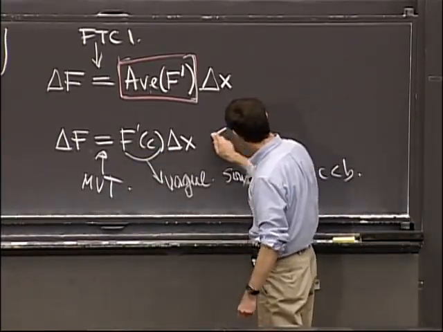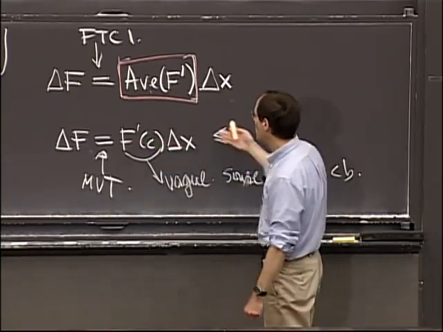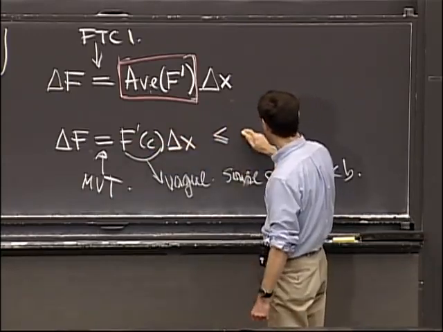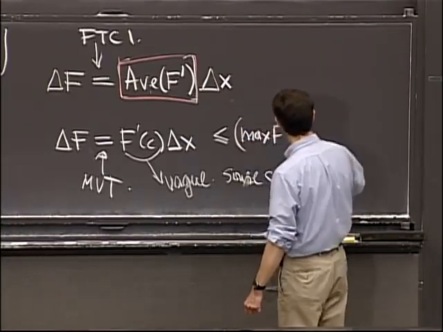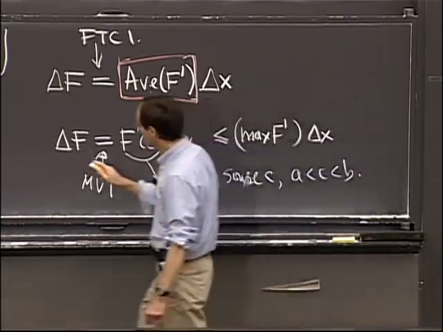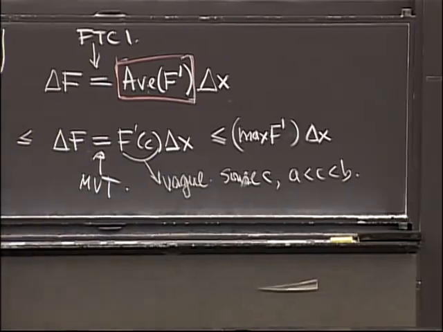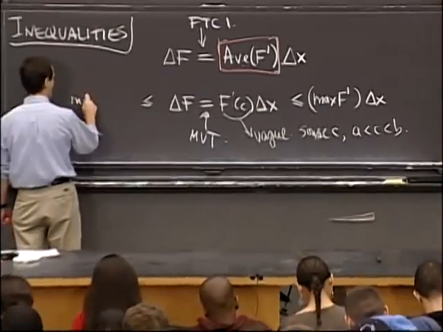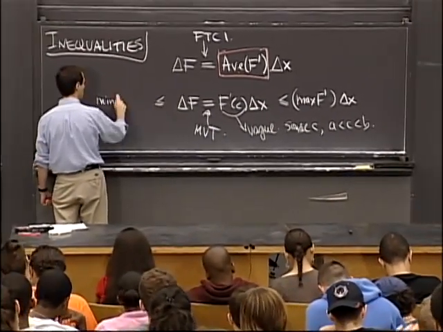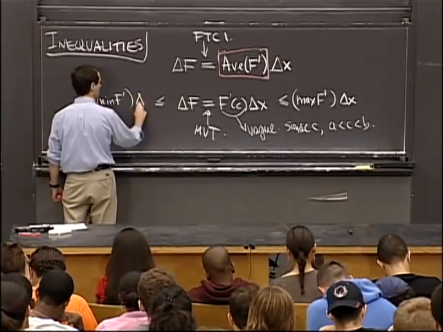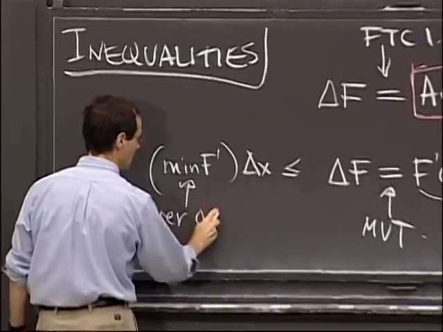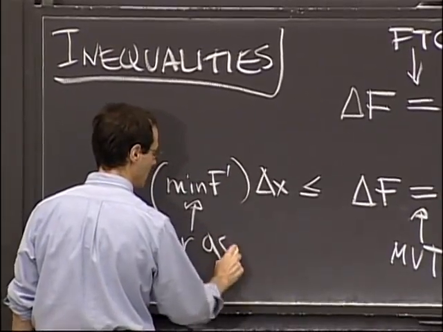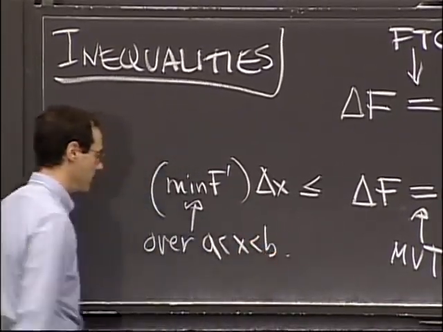All we can do is say, well, for sure it's less than the largest value, say the maximum of f prime times delta x. And the only thing we can say for sure on the other end is that it's greater than or equal to the minimum of f prime times delta x over that same interval, a less than x less than b.